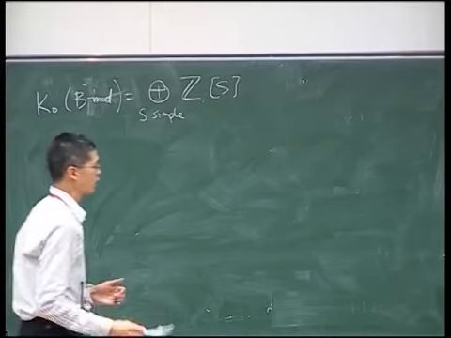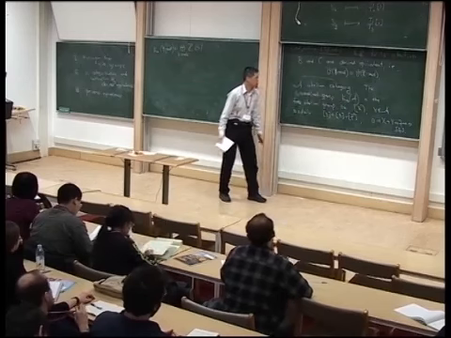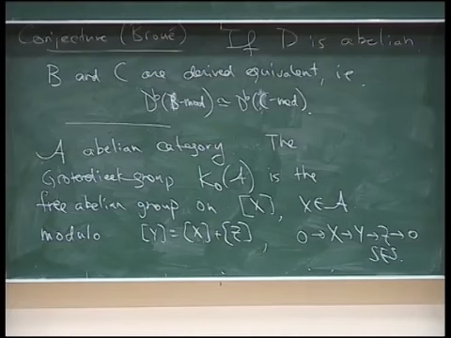Okay, and you can see that by the way it's defined, if we have an exact functor between abelian categories, then we get an induced homomorphism between the Grothendieck groups.